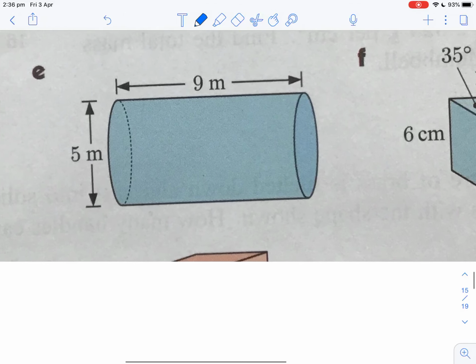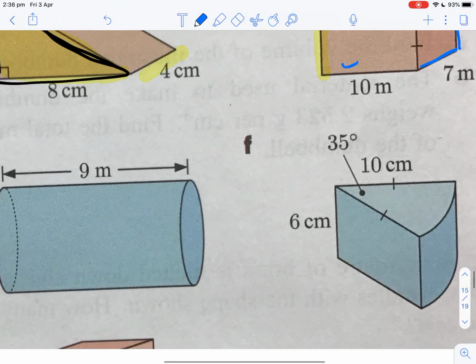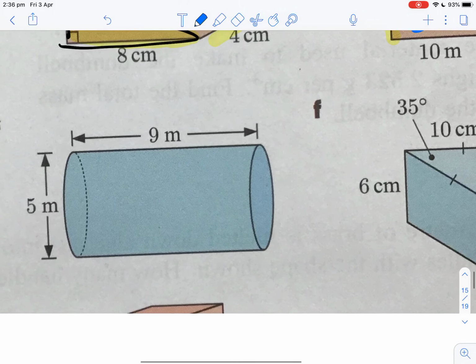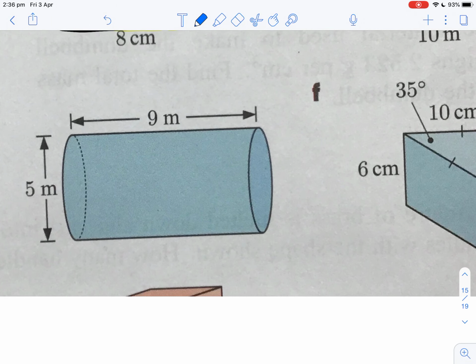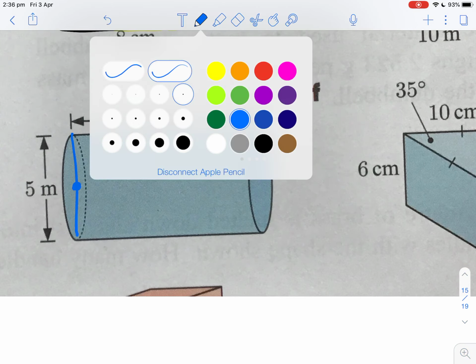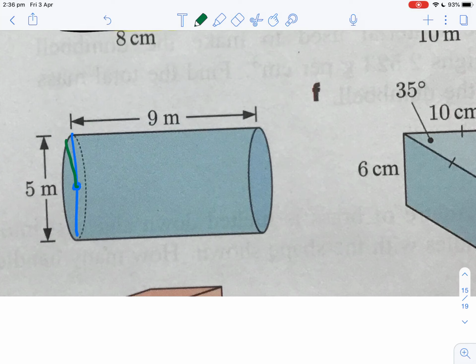Okay, let's have a look at another one. So now we've got these cylinders. So here you can see what they've given you is the diameter right across. For the cylinder formula, we need just the radius, so we're looking at just this, marked halfway along, so half of 5 is 2.5. So when I come to do the volume of this cylinder, it would be pi times my radius, which is 2.5 squared.